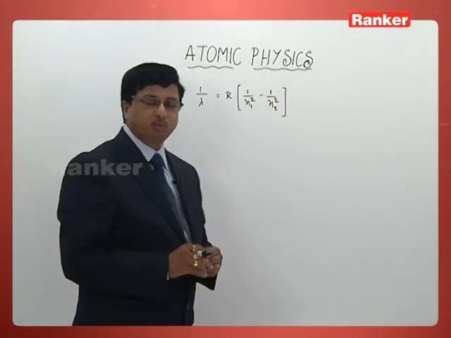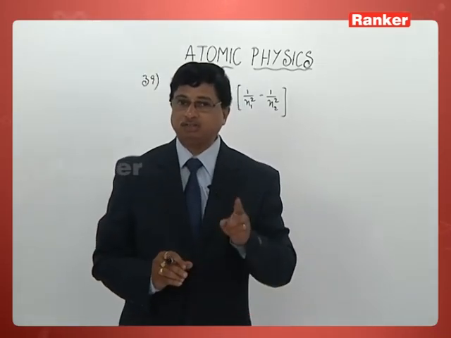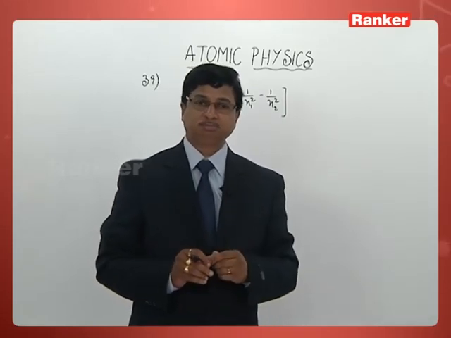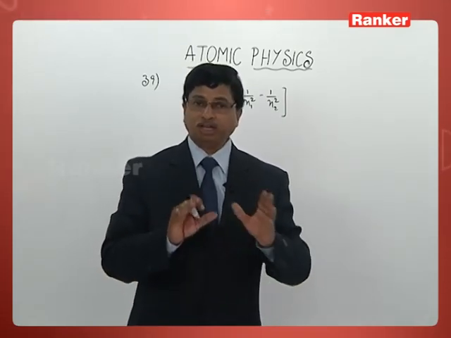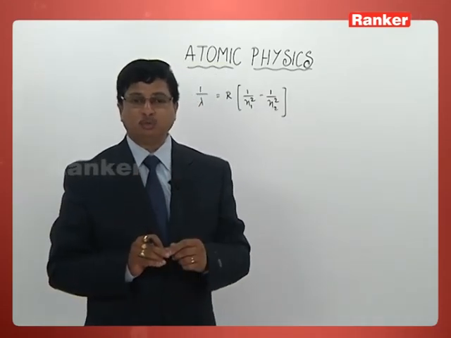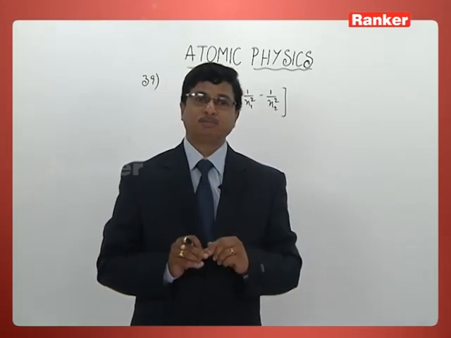This is the basic equation by means of which we used to calculate wavelengths of each and every spectral line that is obtained in the spectrum. So what exactly do we have to look into? He is asking you the shortest wavelength and longest wavelength.